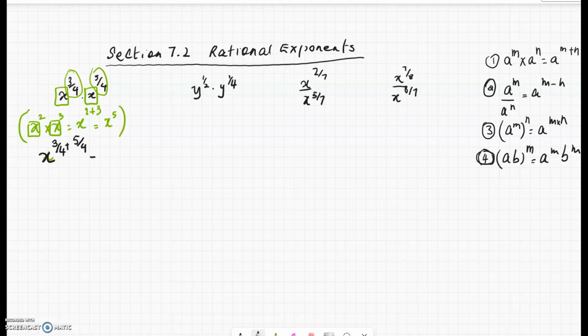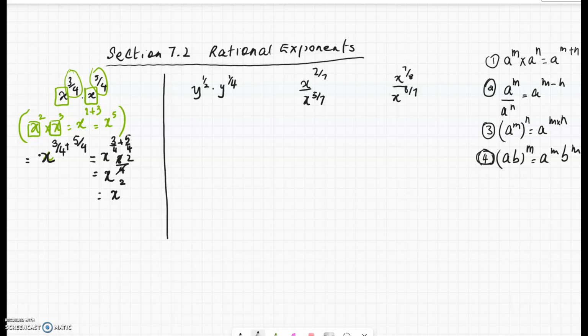We add the exponents, and that's equal to x to the 3/4 plus 5/4. When you add fractions, you need a common denominator, and 5 plus 3 is 8, 8 over 4. 4 goes 2 times into 8, and that is x squared.